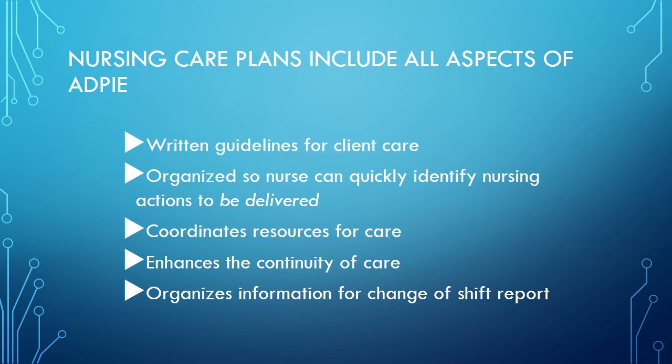There are multiple facilities where nurses present their change of shift report by nursing diagnoses. The highest priority diagnoses are listed first, and then we go through the rest of them, and use that as an organizational format.